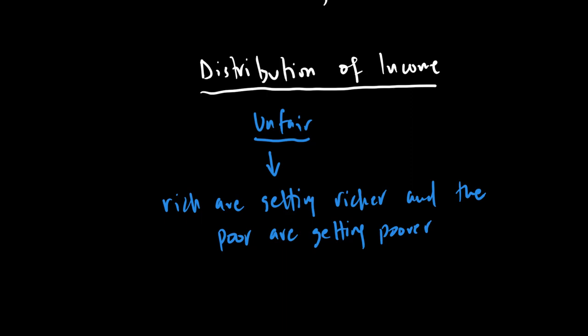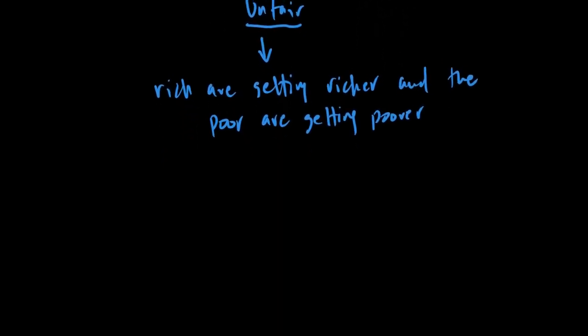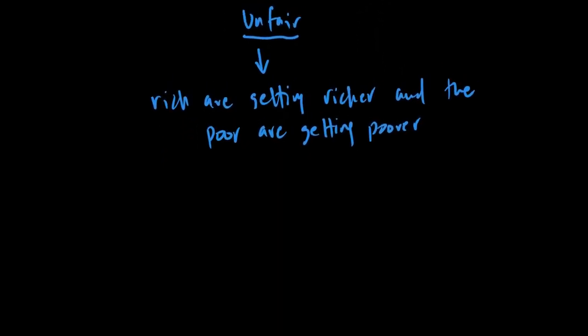This would mean that when the rich are getting richer, you will see the demand for some goods go up. So, what kinds of goods will benefit? And the answer is luxury goods. Luxury goods are those goods which only the rich consume. You will see demand go up.